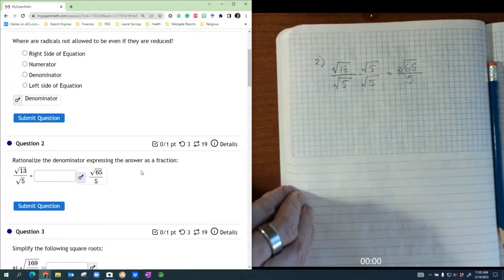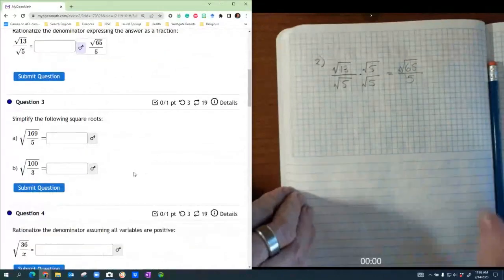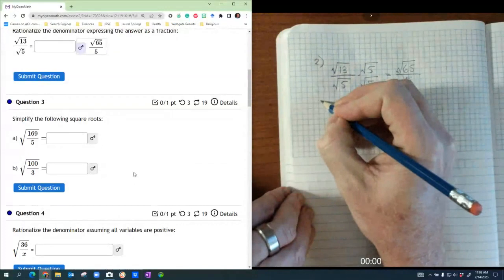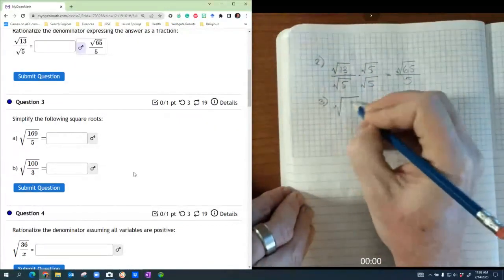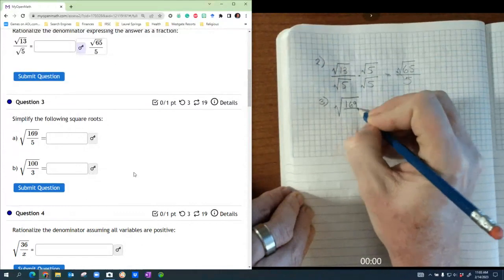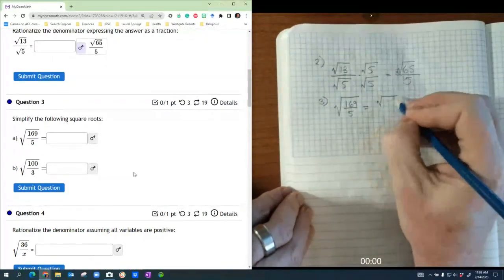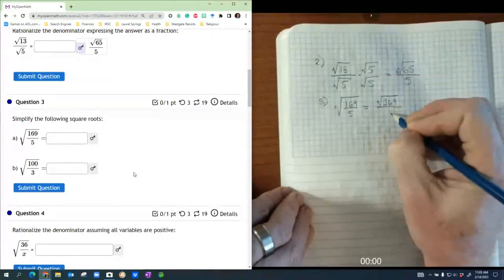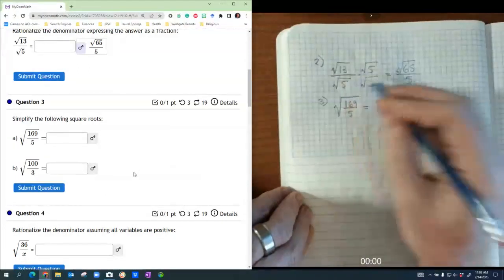All right, pretty straightforward. Now, when you look at something like number 3, they're going to define it this time as 1. Then what you need to do is reinforce that they are separate radicals. So square root of 169 over square root of 5, just like this one was.